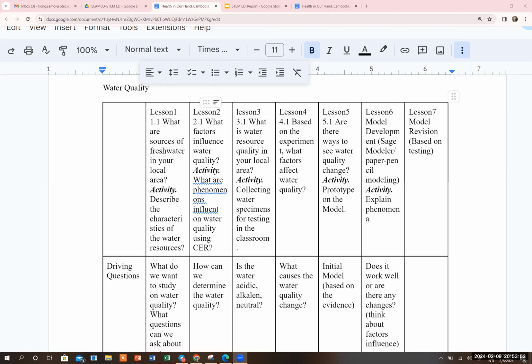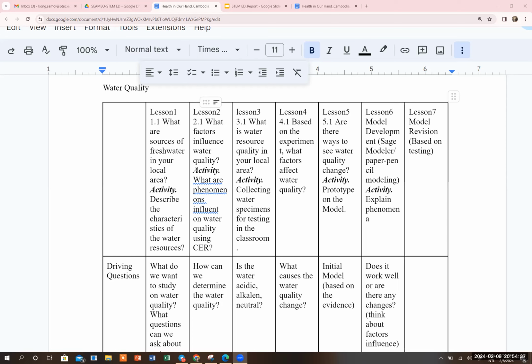And then lesson 2, we are going to talk about the factors that influence our water quality. So we are going to integrate CEO into the activities where students describe the phenomena of the water, especially the influences on water quality. And lesson 3, we are going to talk deeper about water quality in the local areas by collecting, as we discussed with Joe previously, because we cannot bring students to the rivers since we are in the city.